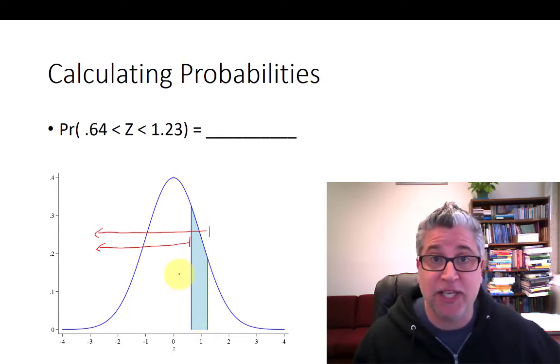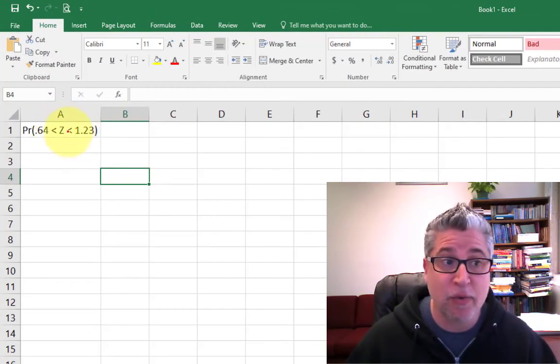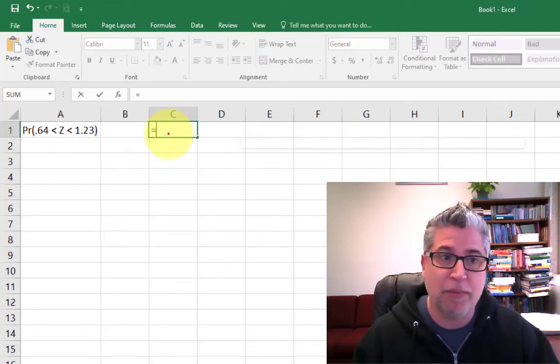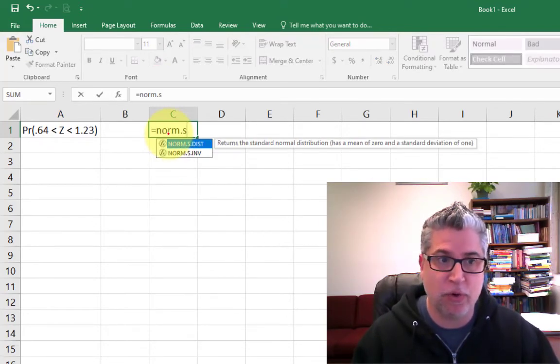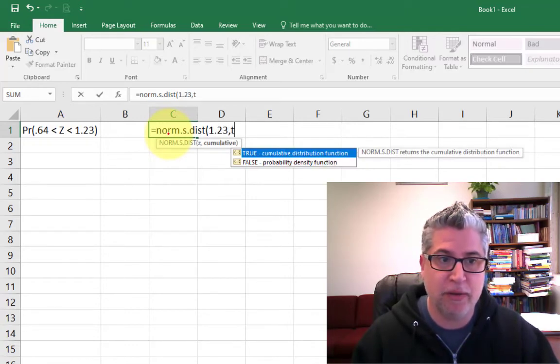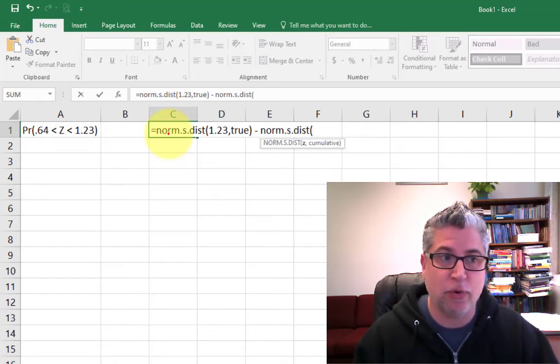This is a cinch in Excel. Let's go do that right now. Okay, so I keyed in my question here. Now let's calculate it. We want the probability from a standard normal that Z is less than 1.23 minus the part we don't want. The probability out of that standard normal that it's less than 0.64.